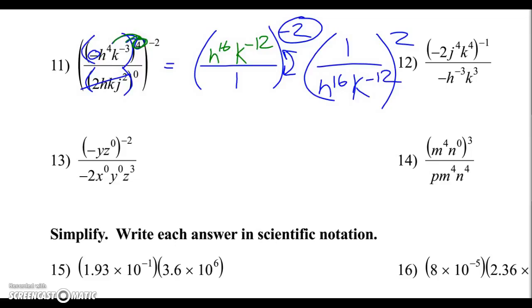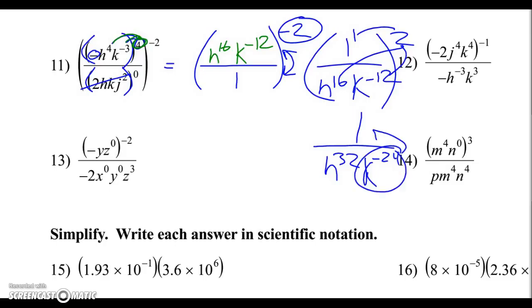And then you can distribute again, 1 to the 1 or 1. 1's just going to be 1 no matter what. That's 1 to the second power, just 1. Distribute: h to the 32, k to the negative 24th over 1. This wants to move up. Okay, another round. You could have moved things around in here before you did anything. Just all sorts of options.